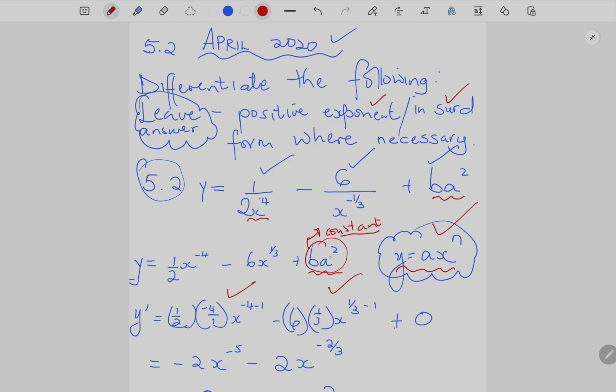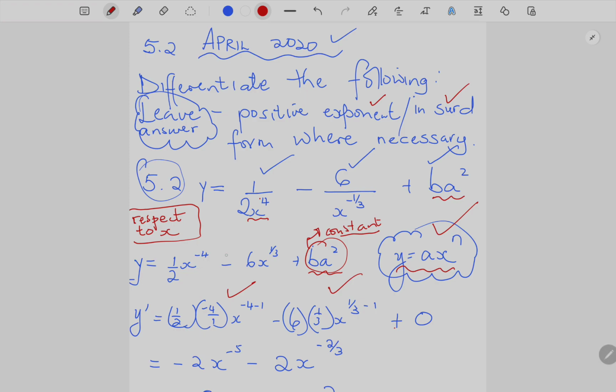Remember, the question will say differentiate this function, meaning that this function is given, but you differentiate with respect to x. Let me write here, with respect to x. So what does that mean? x is the variable that we are changing.